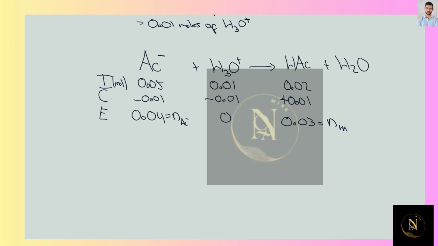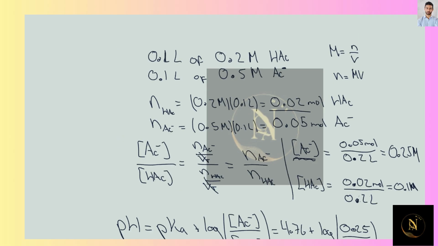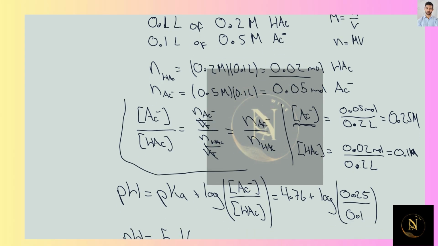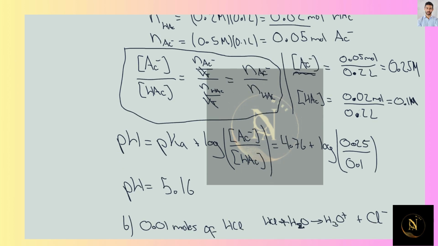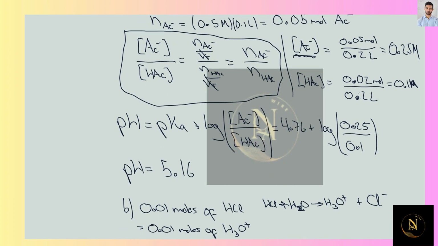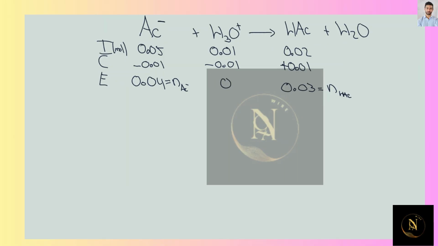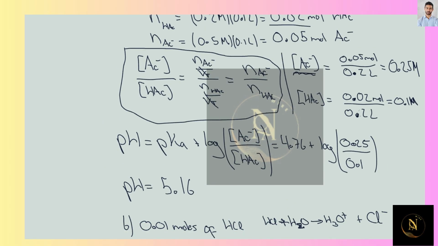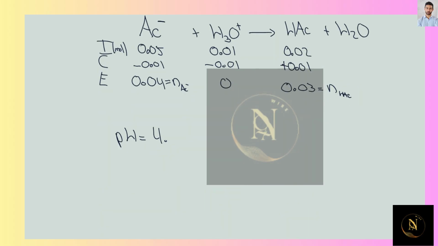So right now I'm going to use this fact over here in order to calculate my pH with the Henderson-Hasselbalch equation. So the pH will be equal to the pKa, that is 4.76, the value that we found here from our tables, plus the logarithm.